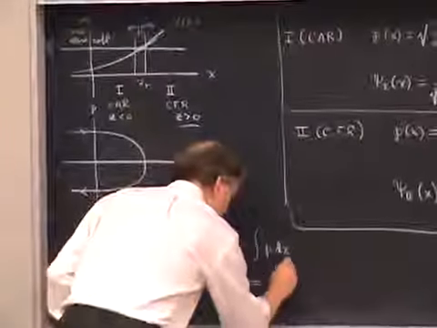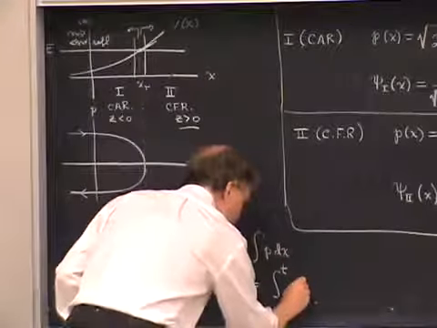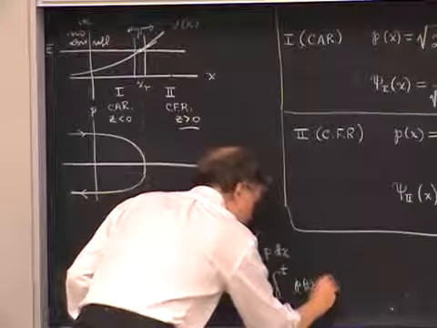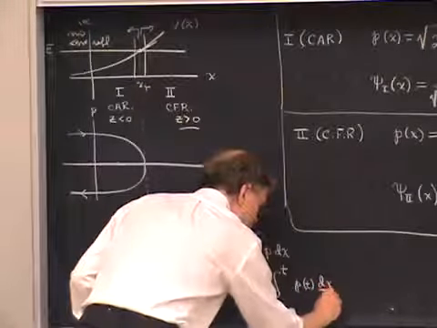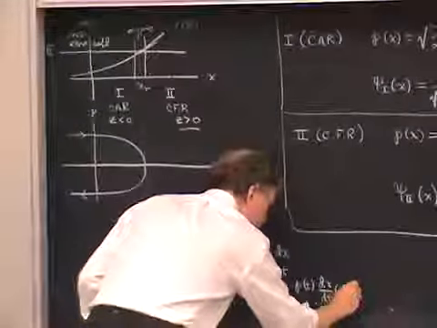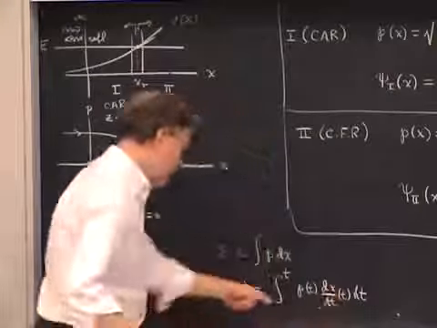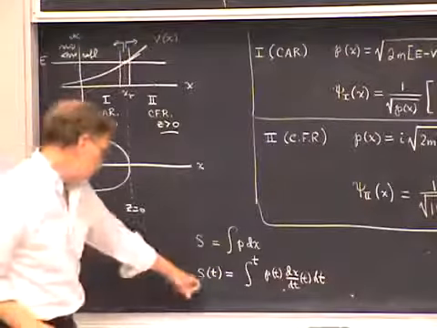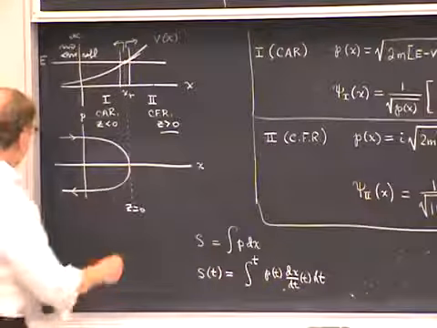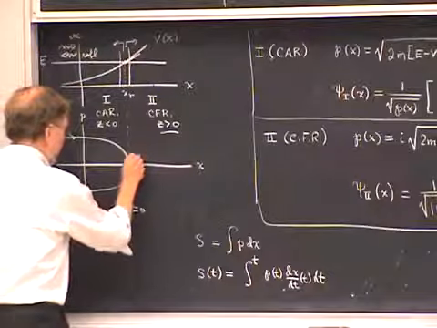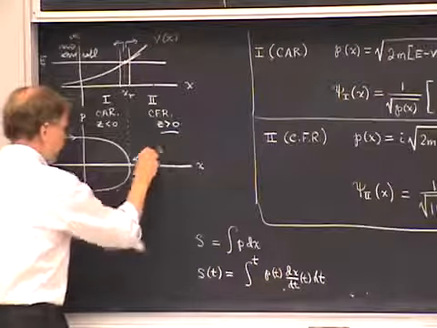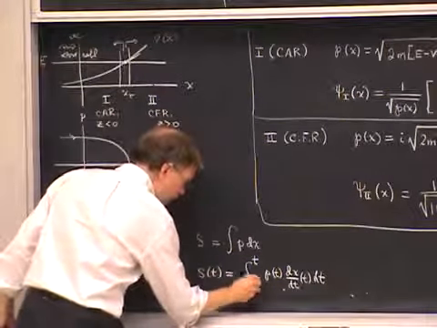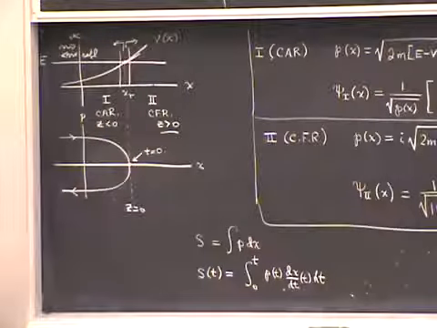That's equal to the integral up to the final time t of the momentum as a function of time times dx dt, which of course is the velocity as a function of time, dt. It's the same integral, but just expressed with time as an independent variable. So let's say our particle carries an integrator like this. For this kind of problem, let's choose t equals 0 to be the turning point itself, and let's take the lower limit of this integral to be 0, just to get a definite lower limit.